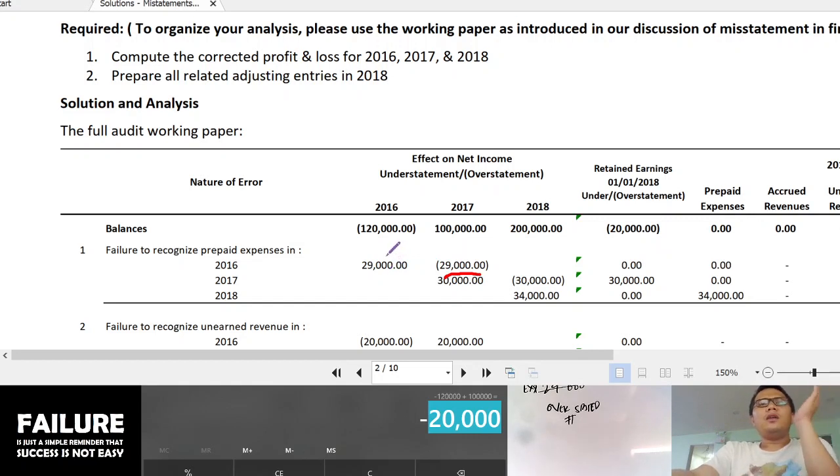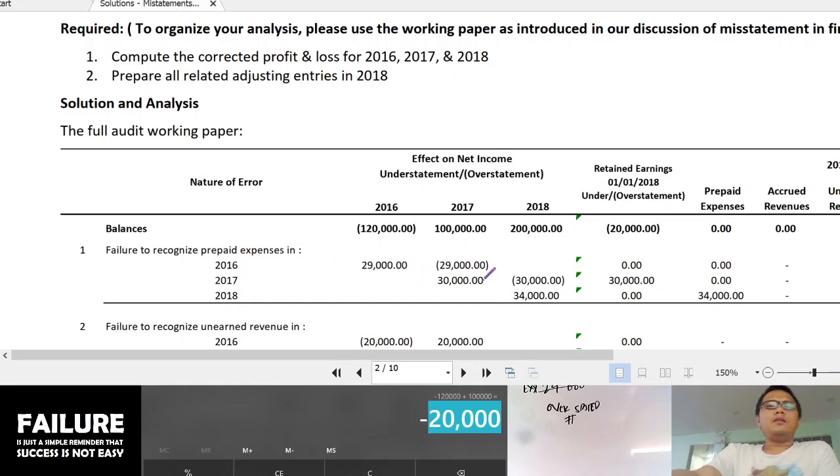An error in the previous period that will basically have a counterbalancing effect in the current year per retained earnings. Di ba? Kung titingnan natin, kung i-add mo yan, di ba, zero? So that is a counterbalancing error. Di ba? So, that is the effect of failure to recognize prepaid expense.